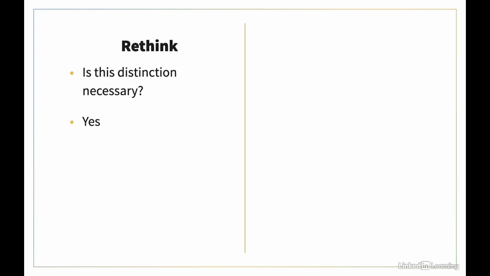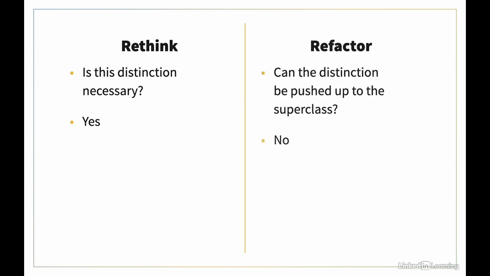There are two common strategies for dealing with classes that aren't directly substitutable, but seem like they should be. One choice is to rethink the collaboration. Is the distinction really necessary? Does the design really require this parameter? The other choice is to refactor the design.